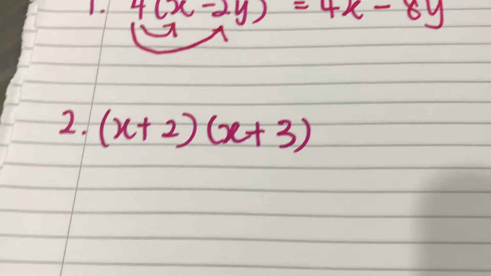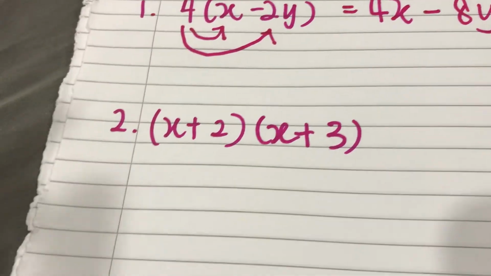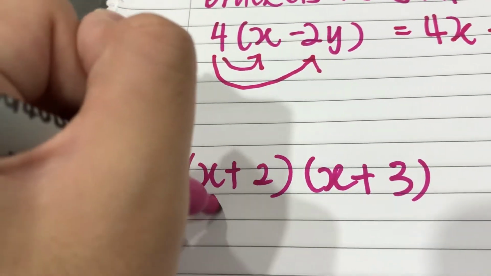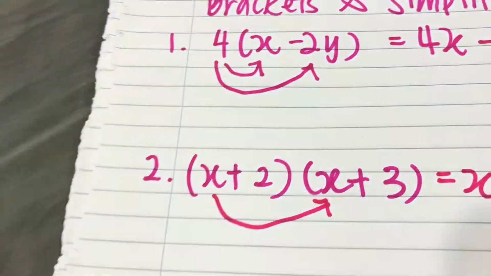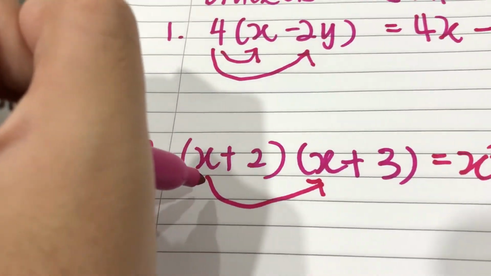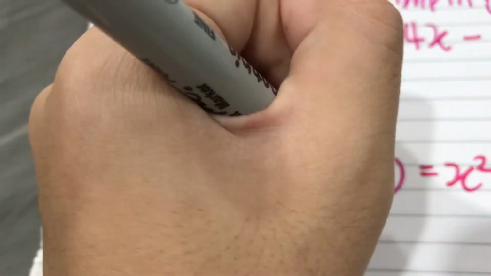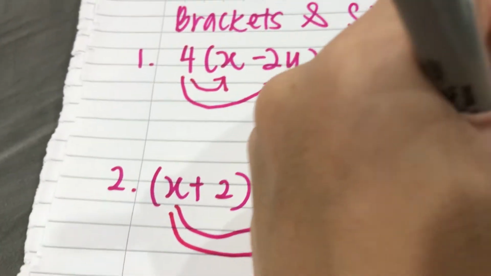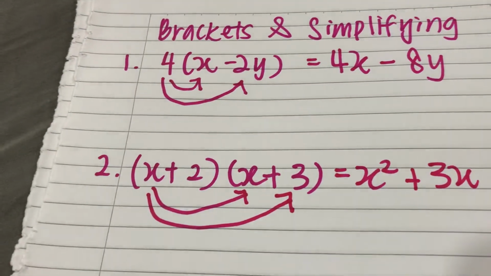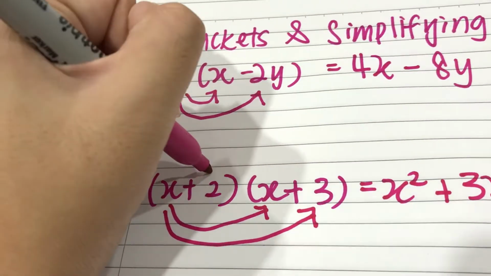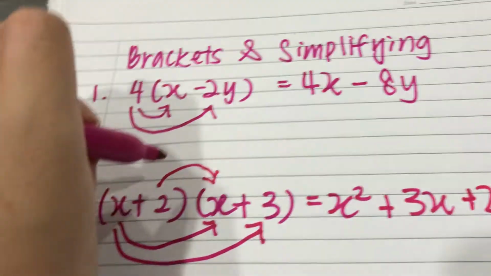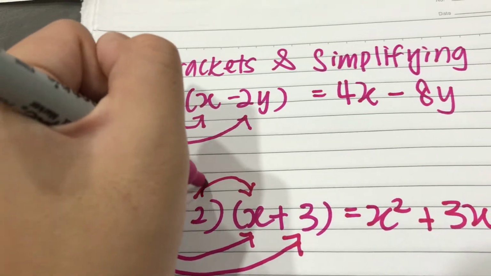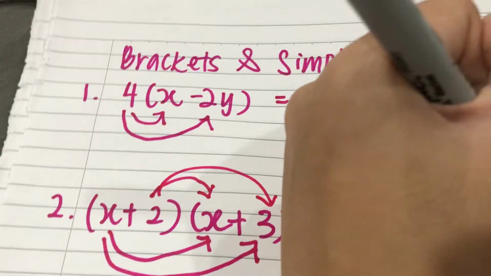Then next, the question is 2 brackets. So x will have to times x, then you get x squared. Then x will times 3, plus 3x. Then 2 will times x, plus 2x. 2 will have to times 3, plus 6.